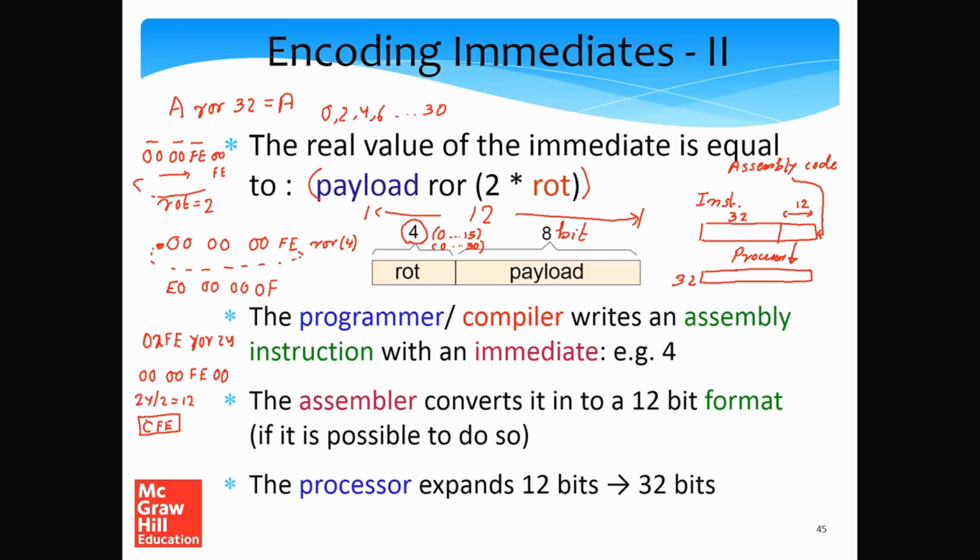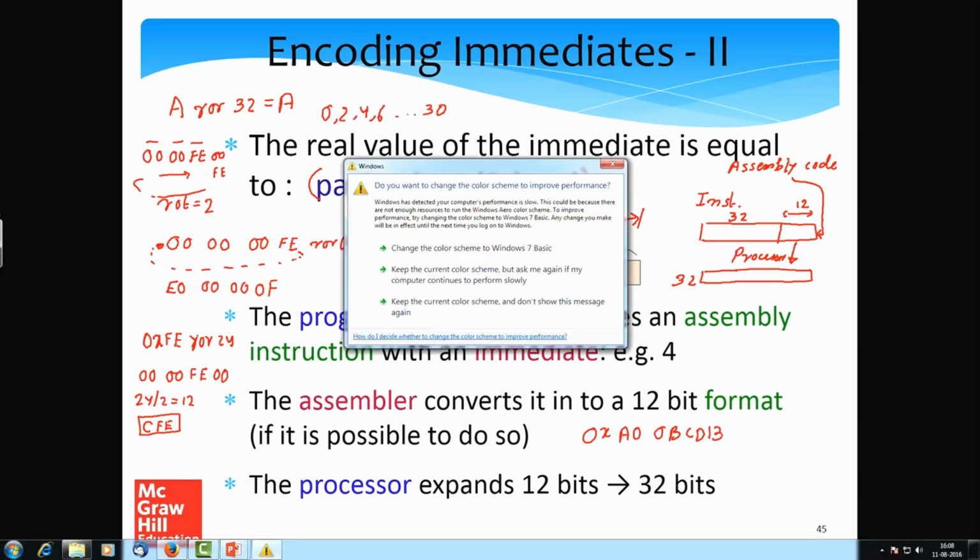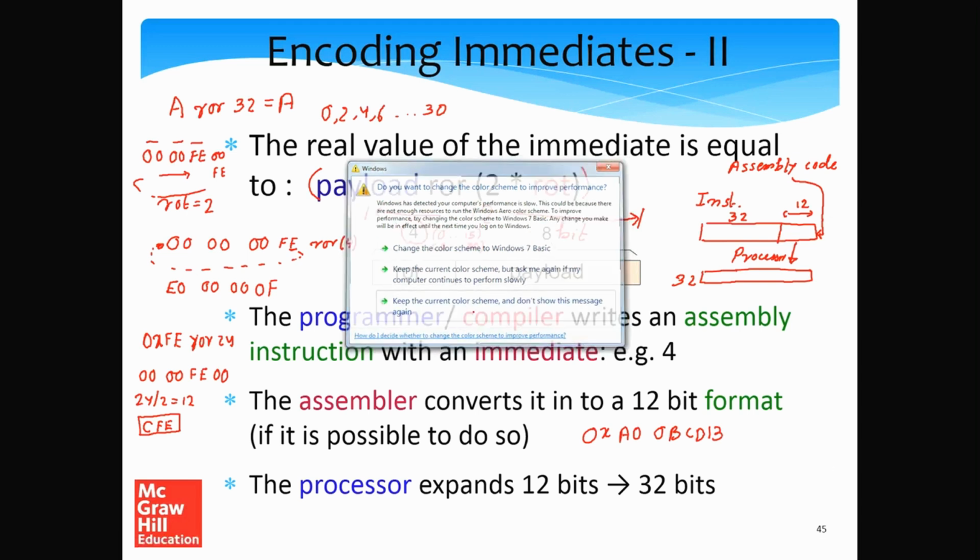If it is not possible, for example, a number of this form just has too many bits, so it is not possible to specify it in the 12-bit format, so multiple instructions are required. But in any case, each of the instructions specifies an immediate which can be put in this format, and the assembly code is created.